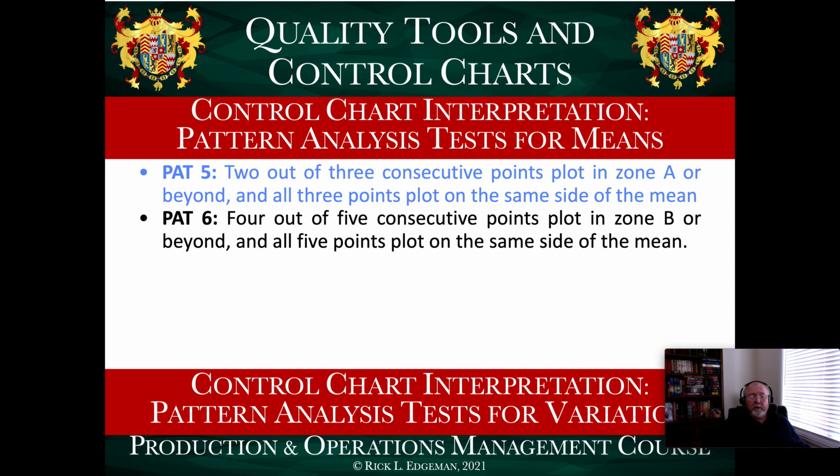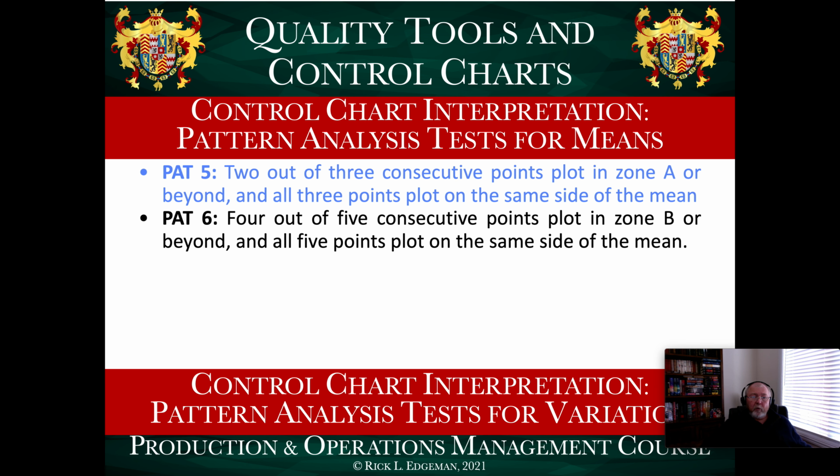Pattern 1, that was the point that's way out there, at least 3 standard deviations beyond zone A. So that one, the process is screaming at you, there's a large and abrupt change. Pattern 5, pretty large change, probably fairly abrupt. Pattern 6, a little bit more subtle change, but it's still a change in the average performance level.